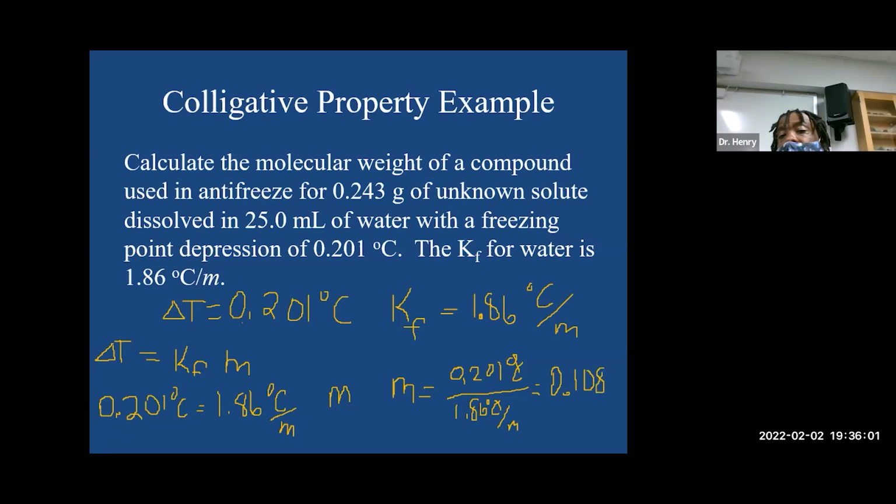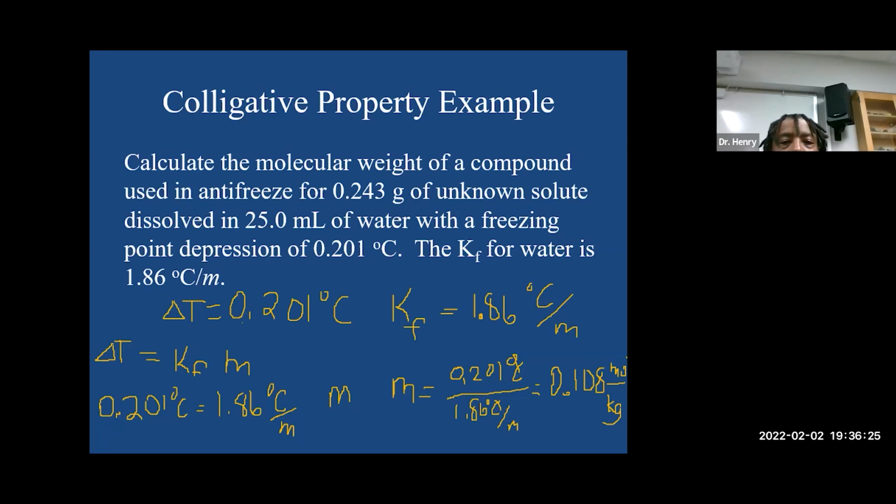And we know that this is, what are the units? Moles per kilogram, over kg. I keep running out of room on the slides because it's hard to look behind me. Okay.